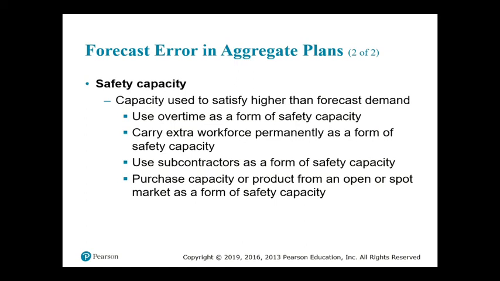The other method is building safety capacity or excess capacity. When we have excess capacity, we can use overtime when demand is higher. And we can hire more people than the lean aggregate planning model suggests, or we can use subcontractors as a form of safety capacity. Of course, that only makes sense when subcontractors are not prohibitively expensive.